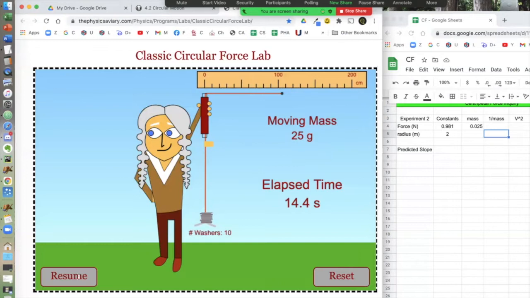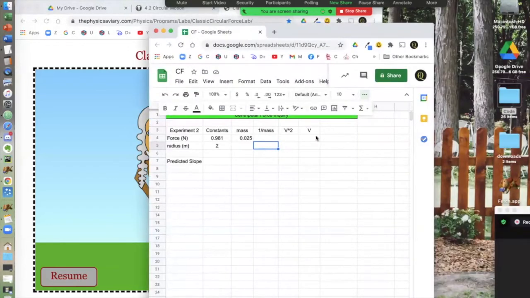So we're going to take 10 revolutions times 2 pi r, and then divide it by the time. Let's do revolutions, and this will be time.